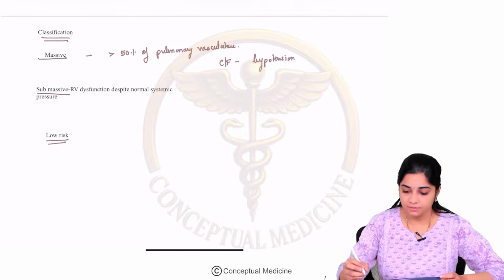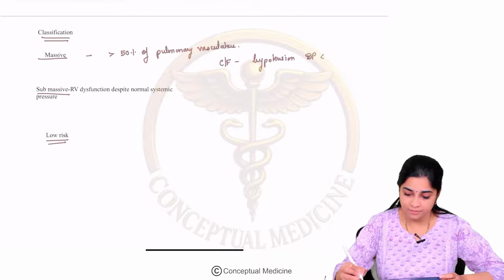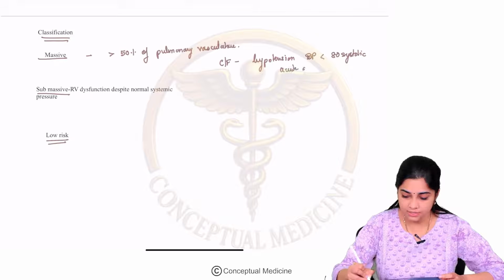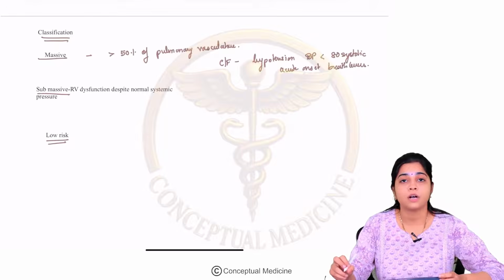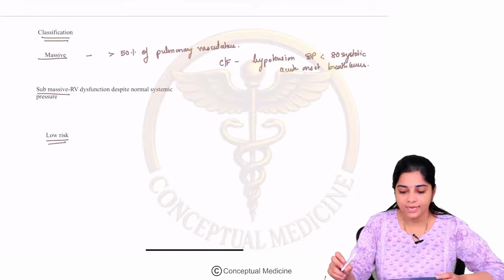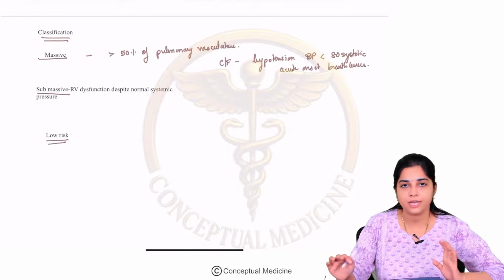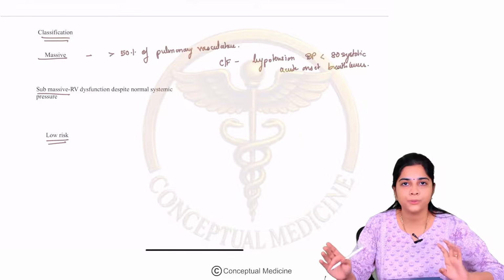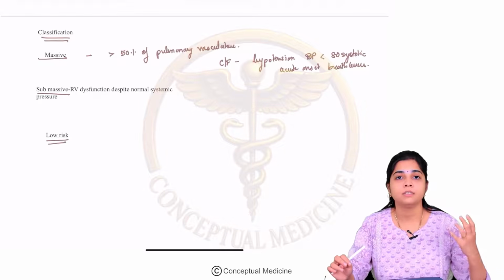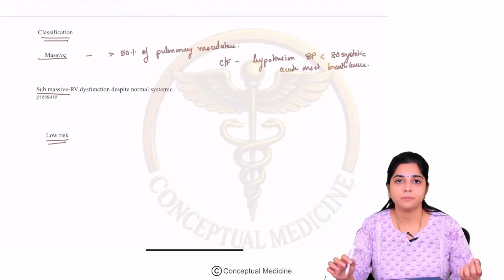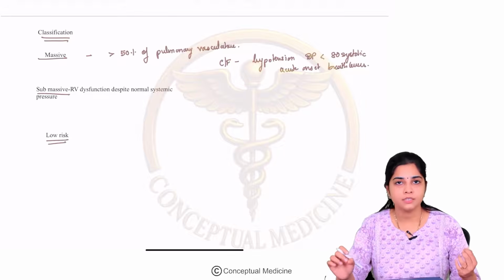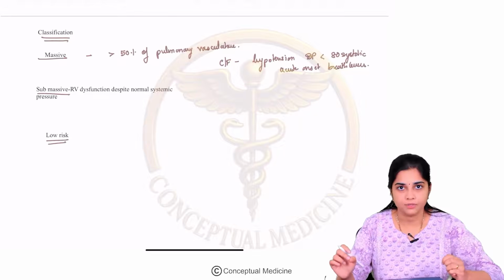So they present with hypotension and a blood pressure less than 80 systolic, and they present with acute onset breathlessness. So with acute onset breathlessness and hypotension, the patient actually collapses and can also go into cardiac arrest, where more than 50% of the pulmonary vasculature is blocked. This is your massive pulmonary embolism.